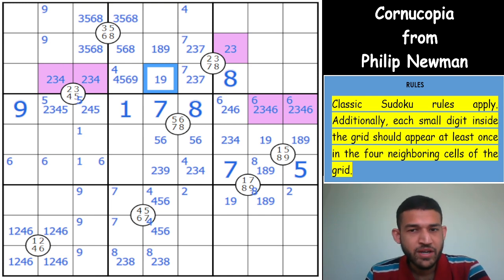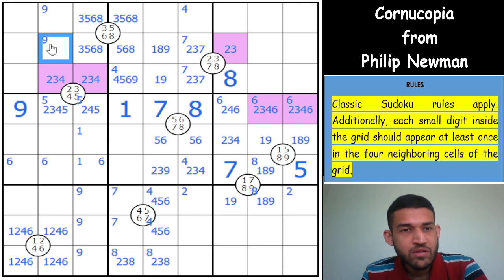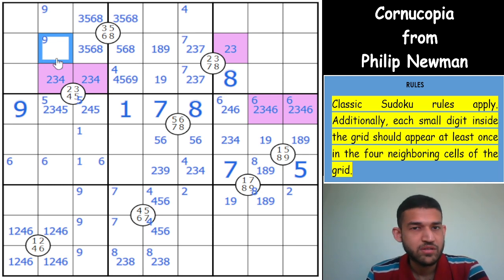I think we need to look at cells and ask ourselves what can't go there. I think that's how this Sudoku works, maybe. Not sure.